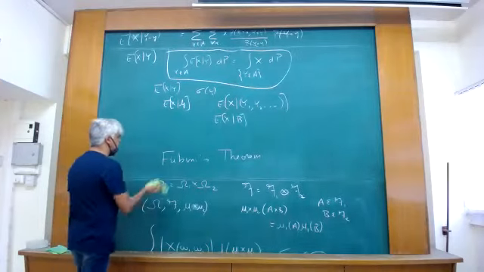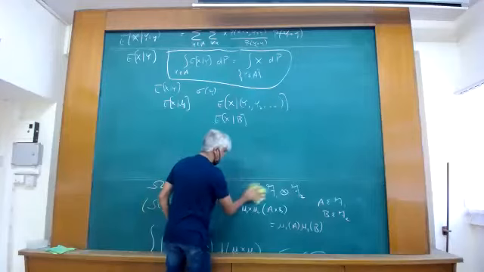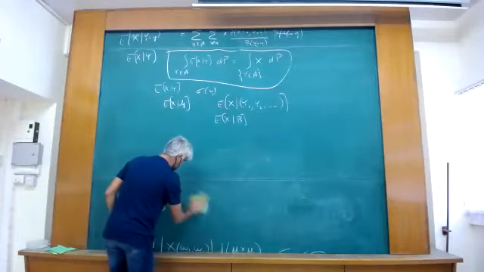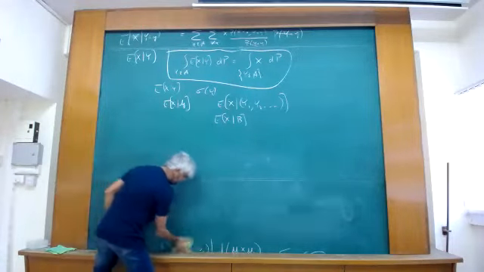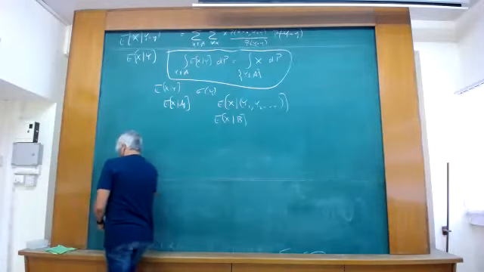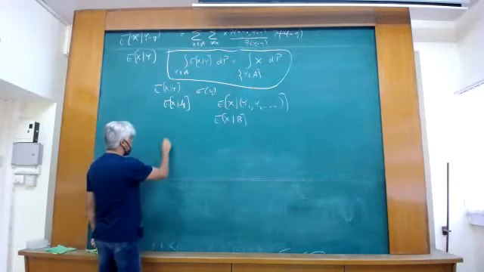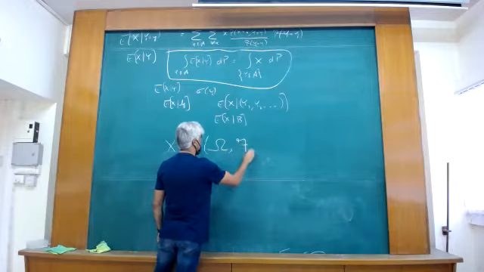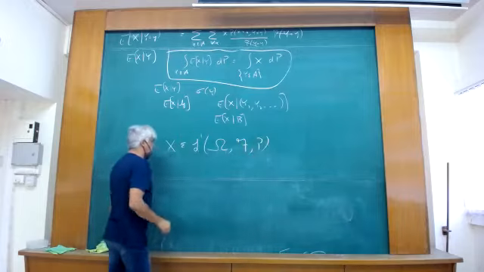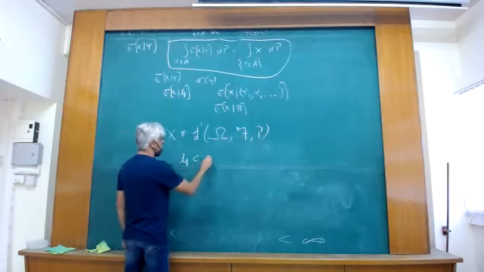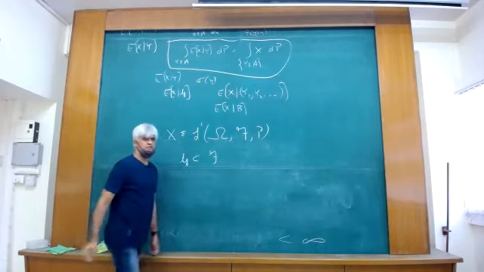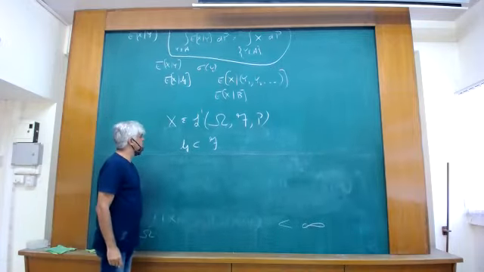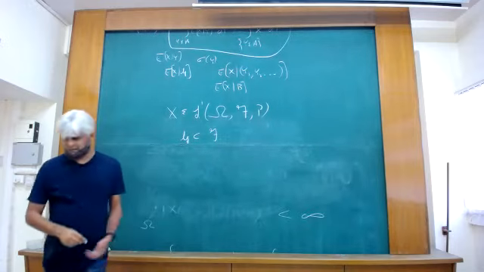So I'm given a random variable X, which belongs to L1 of (Omega, F, P). I'm given a G, which is a sub-sigma algebra of F. It's a sigma algebra, but it's smaller than that.